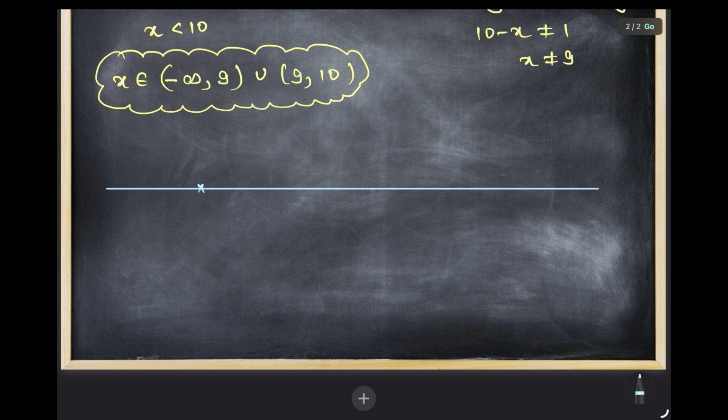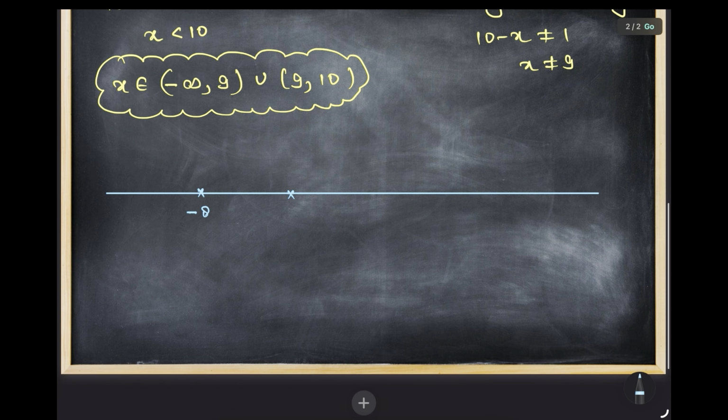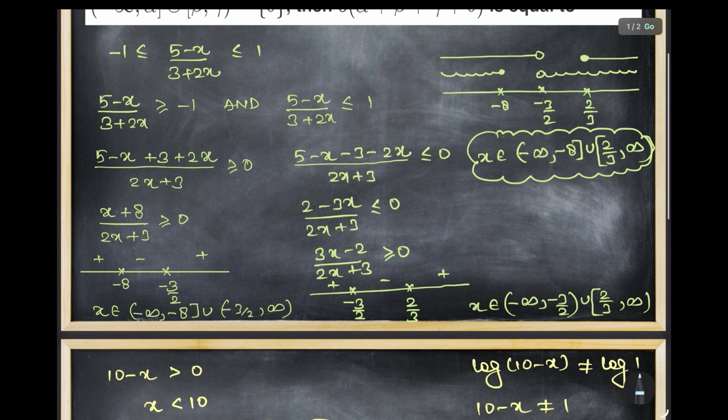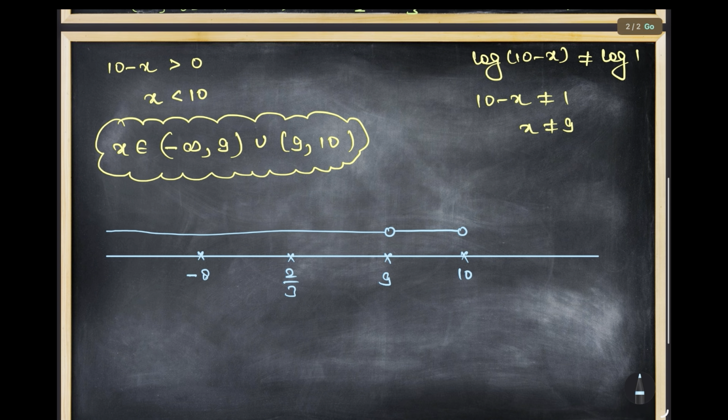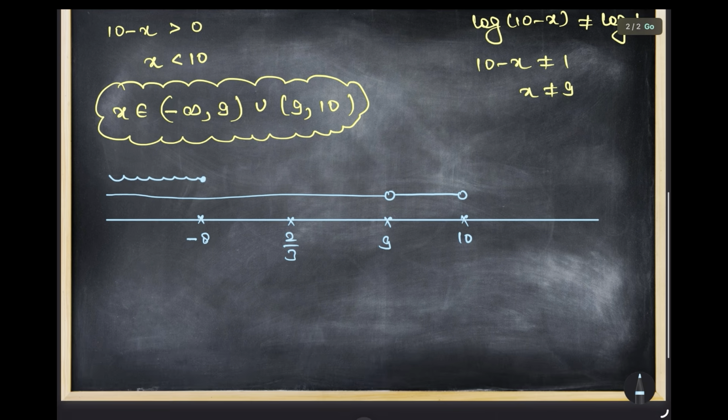First focus on the yellow part: 10 is an open circle, 9 is an open circle. Then we have the green part, behind minus 8 and after 2 by 3.